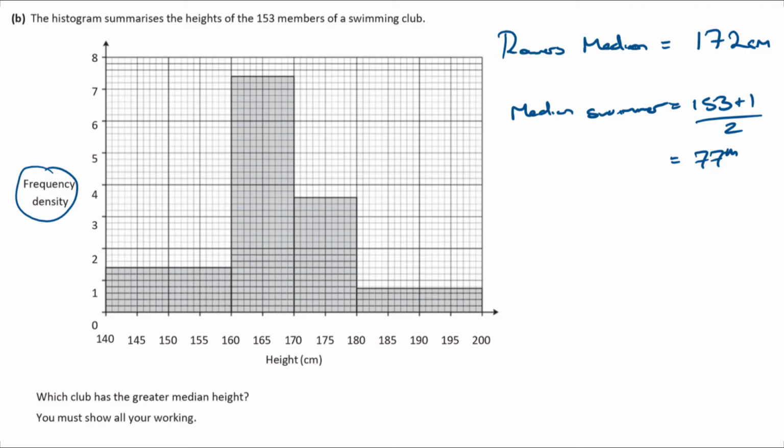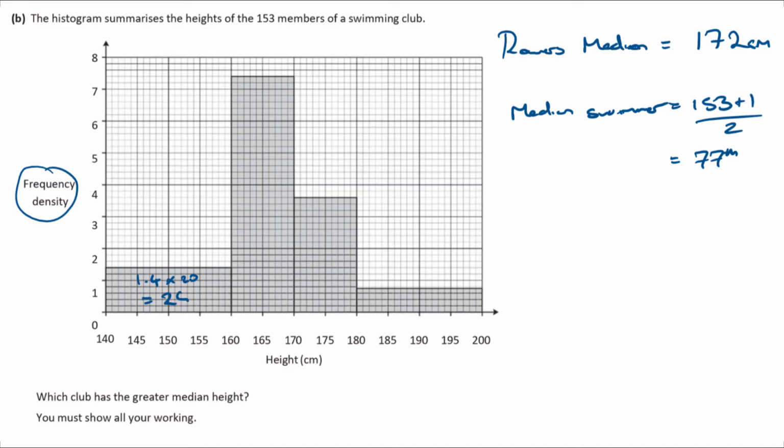Okay, so what is the total area of all these bars? That should be equivalent to 153. So this first bar is 1.4 times the length at the bottom, which is 20. 1.4 times 20, what's that? 28.